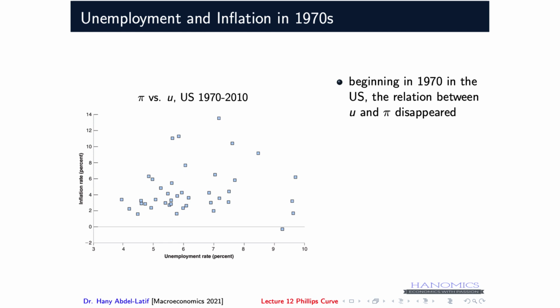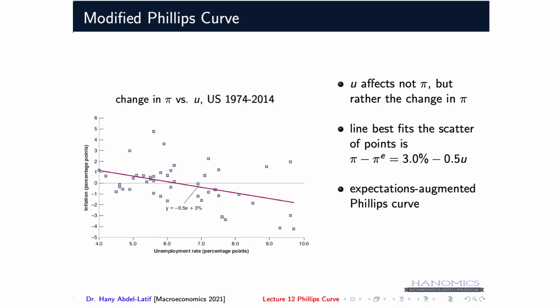Then bringing expectations into this picture will give you more insights into the relationship. So in the 1960s, maybe expectations about the inflation rate were very low, nearly zero. So that gave us that straightforward trade-off between the unemployment rate and inflation rate, just assuming there are no supply shocks. And moving from there, we try to understand this with expectation. So it seems that the unemployment rate affects not the inflation rate itself, but rather the change in the inflation rate.